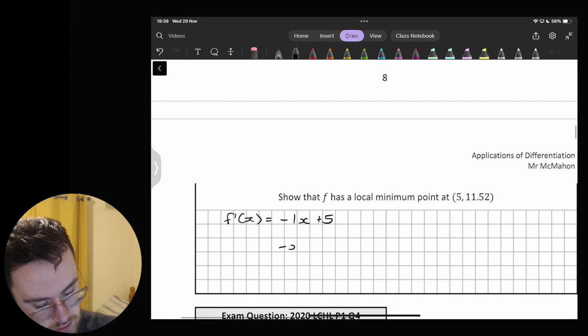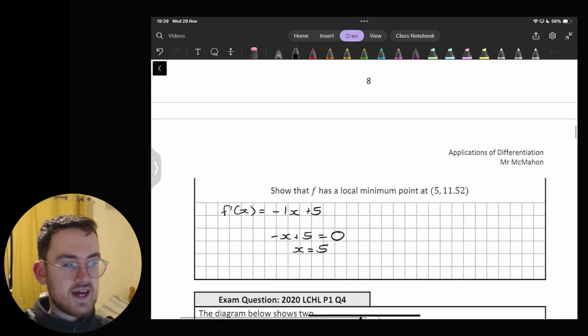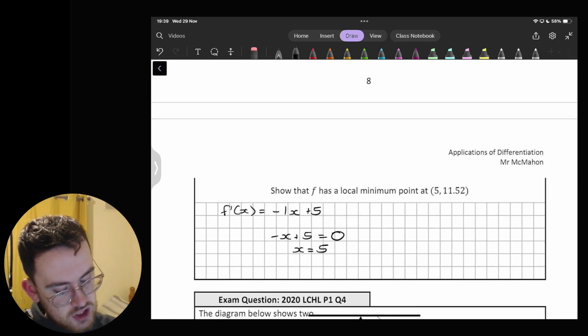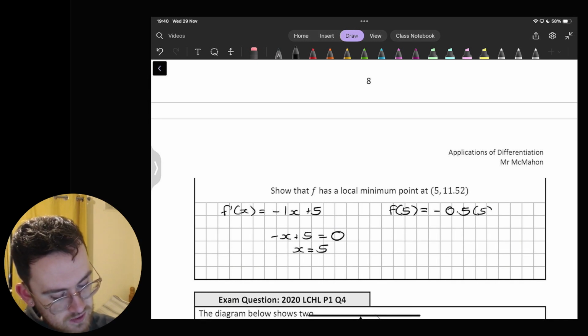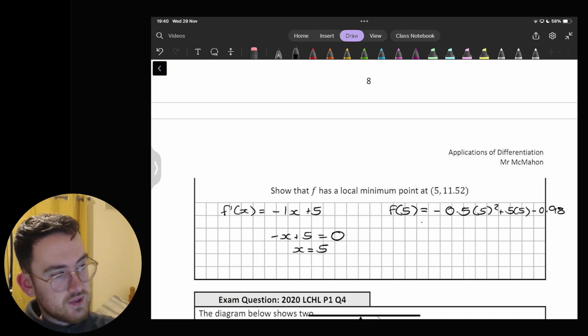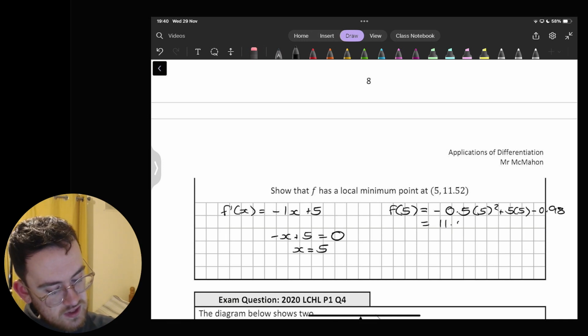I'm going to put that equal to 0, which of course is going to give me that x is equal to 5. If I want to check where that value occurs, I'm going to sub it into the original function: minus 0.5 by 5 squared plus 5 by 5 minus 0.98. That's going to give me an overall answer of 11.52, which makes the point (5, 11.52).